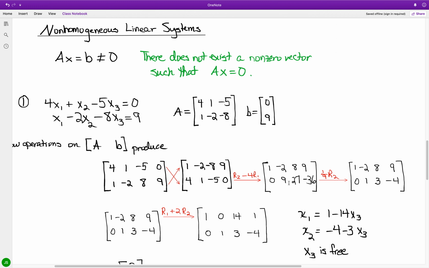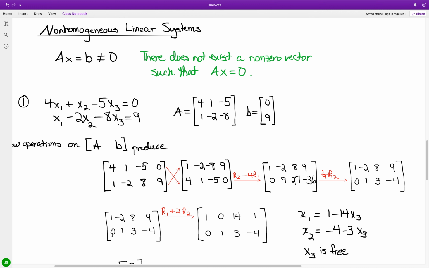With the leading element at 9, and progressing to reduced echelon form, I can convert the 9 to a 1, taking 1/9 of the second row. So in this case, I have 0, 1, 3, and -4. I've just duplicated the first row here, so I have 1 and 0.